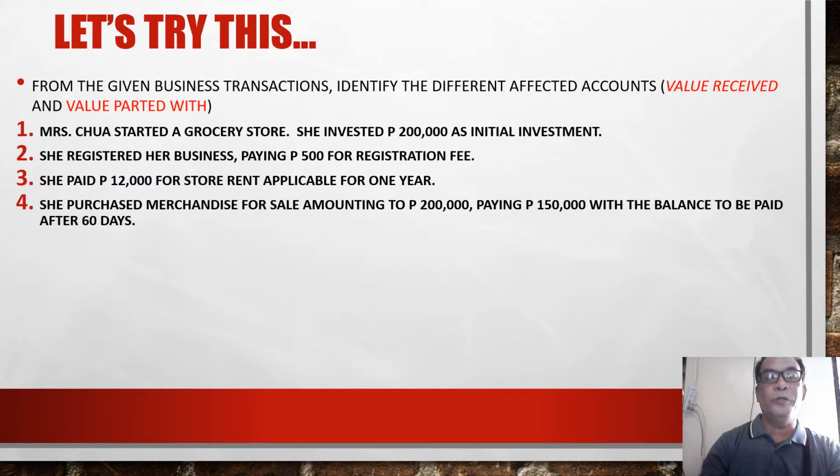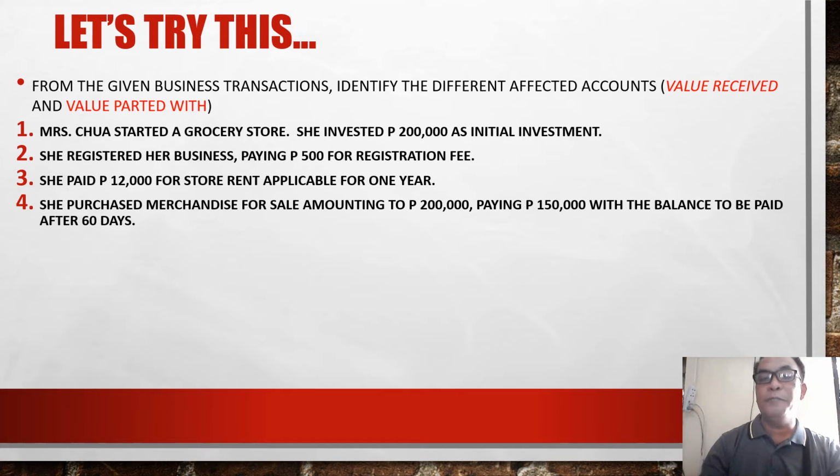For transaction number 4, she purchased merchandise for sale amounting to 200,000, paying 150,000 with a balance to be paid after 60 days. So, bumili siya ng kanyang mga paninda na nagkakahalaga ng 200,000 pesos. Pero, ang binayaran niya ay 150,000 lang.